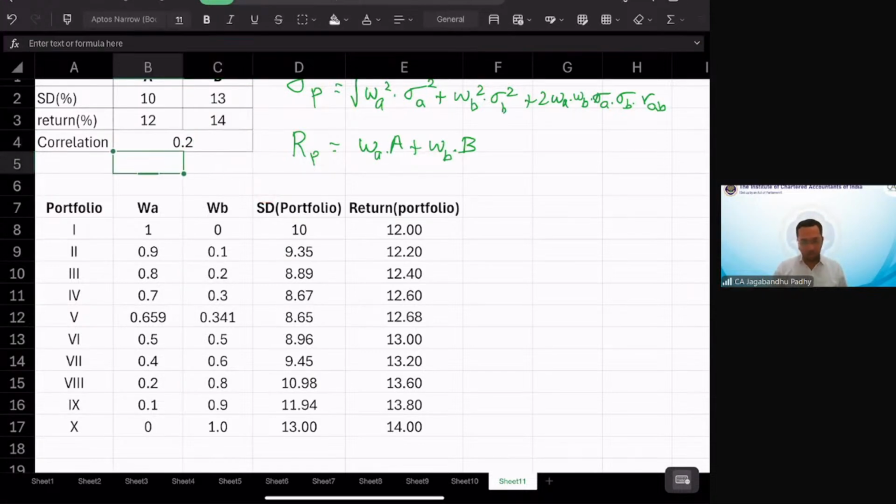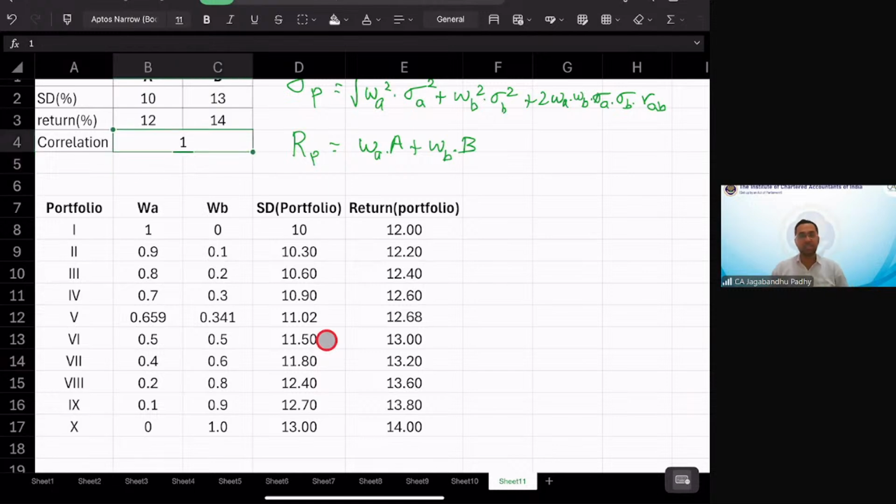Are you able to see any portfolio risk reduction if your correlation is 1? When it was 0.2, we observed that it was getting reduced from 10 to 9.35, then to 8.89, then to 8.67, then finally to 8.65, and then it starts rising. But when I take correlation as 1, the standard deviation of the portfolio keeps on rising. It's not reducing anymore.